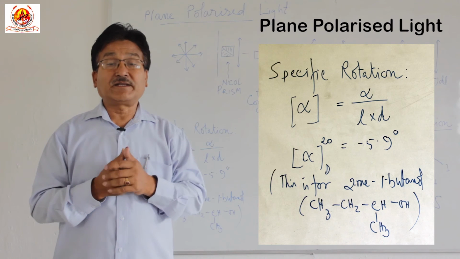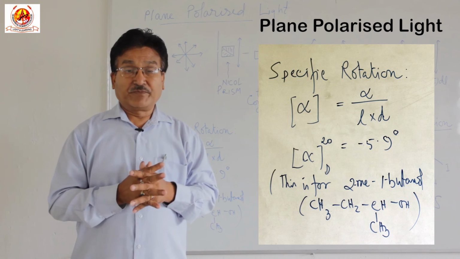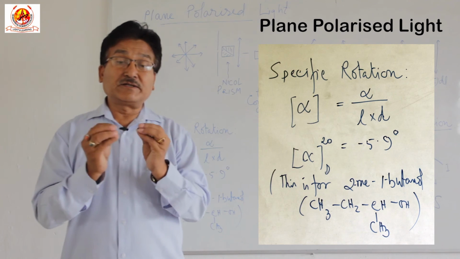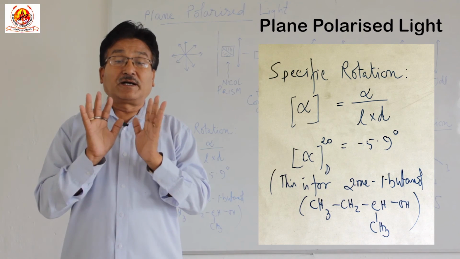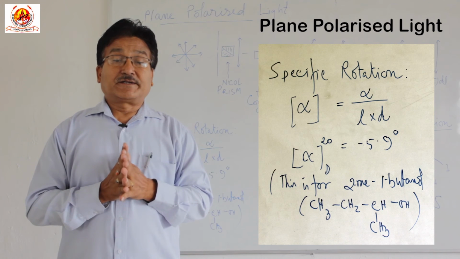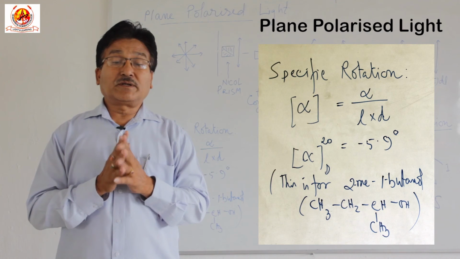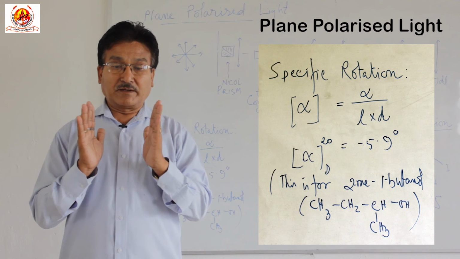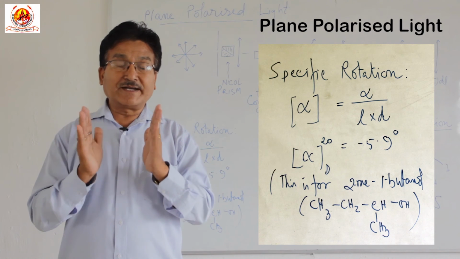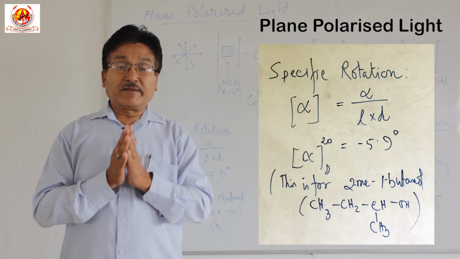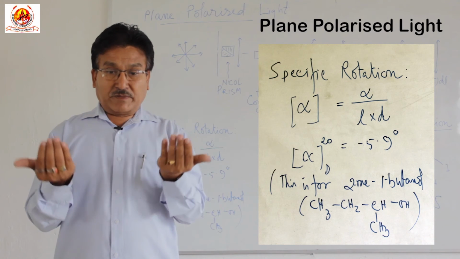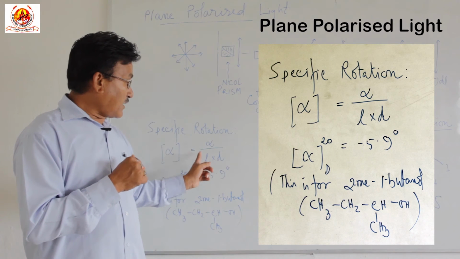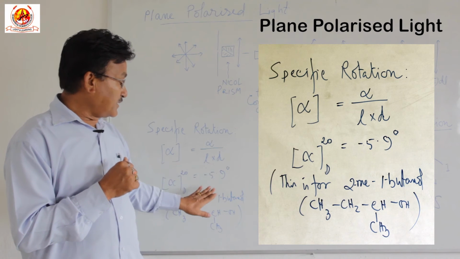Levo means left. So all the molecules are trying to rotate the plane polarized light according to the amount contained there, and the length of this tube should be 1 decimeter only, and different lengths will be reduced to 1 decimeter and will come like this.